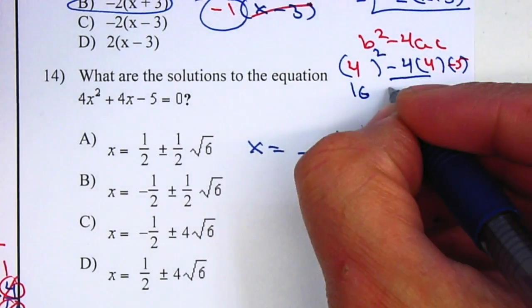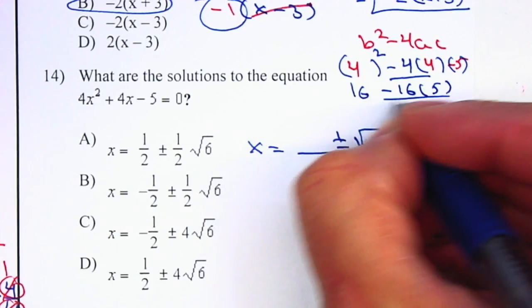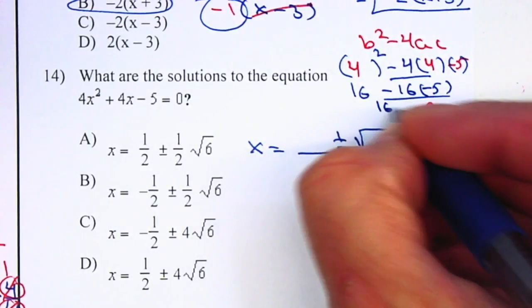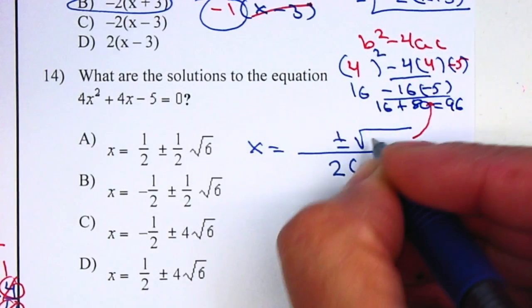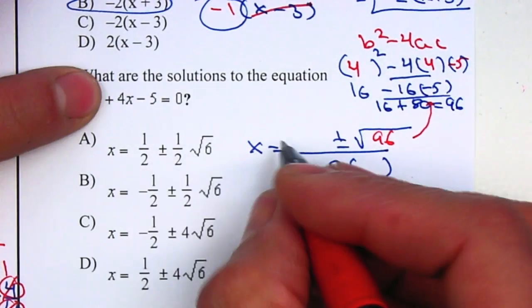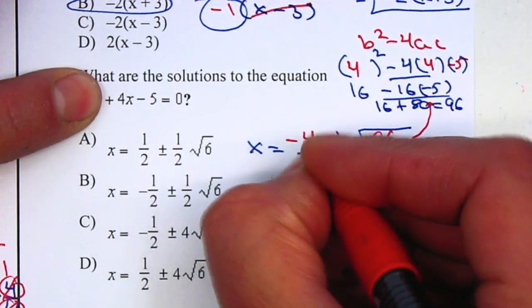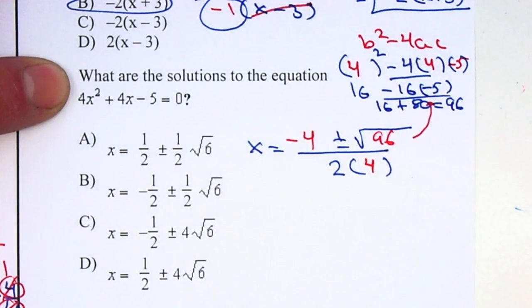That gives me 16. Negative 16 times negative 5: 16 plus 80 is 96. So that will go in here, 96. x equals opposite b, that's negative 4, all over 2a, that's 8.